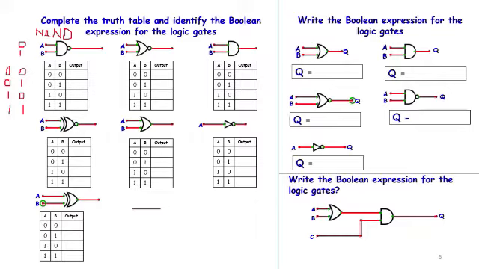If we have three inputs, A, B, and C, and we have a NAND gate, where this is A, this is B, and this is C, for example, and here is our output.